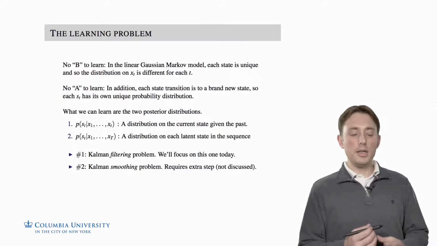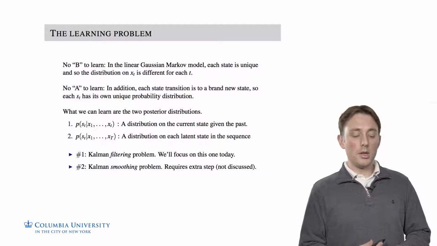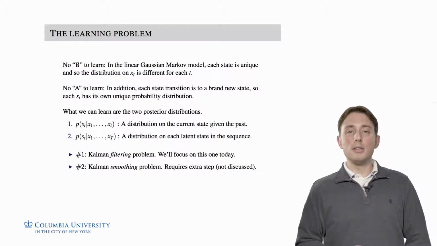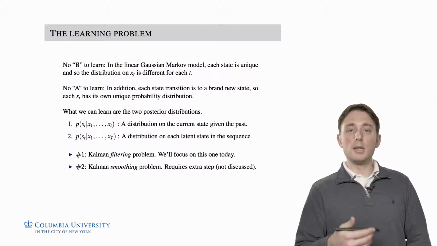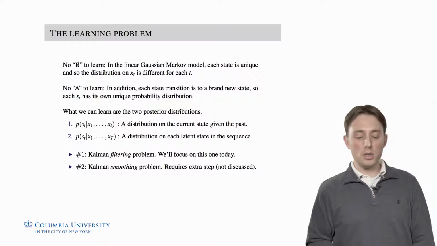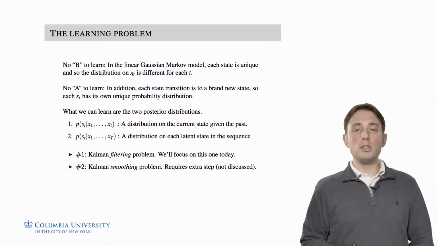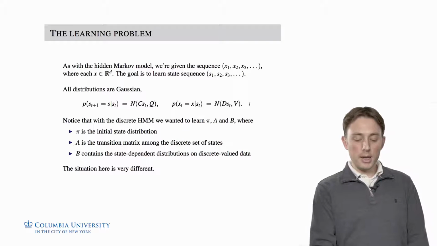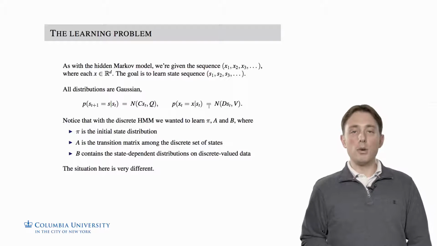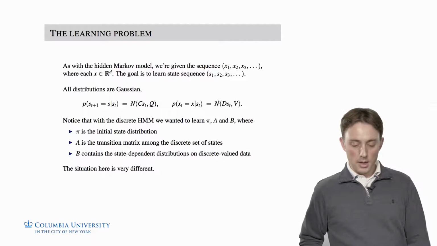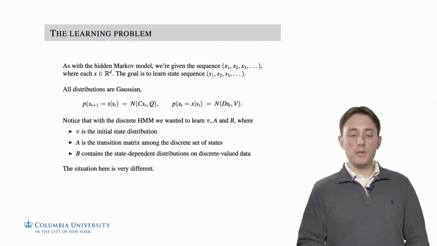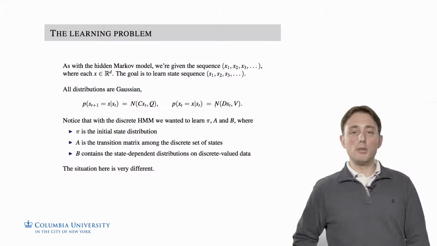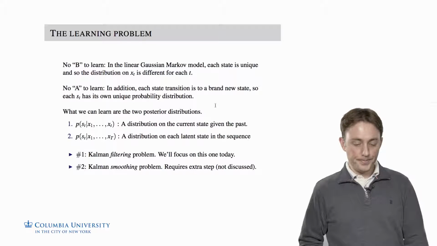In the linear Gaussian Markov model, the situation is different because we don't have to learn B, because since each state is going to be unique, because the state is in a continuous space with a continuous transition distribution, the distribution on each x is also going to be different. The way that we constrain it is by letting the distribution family be parameterized by s in this way. However, because s_t is continuous valued and unique, the parameters are going to be unique for every value of x.